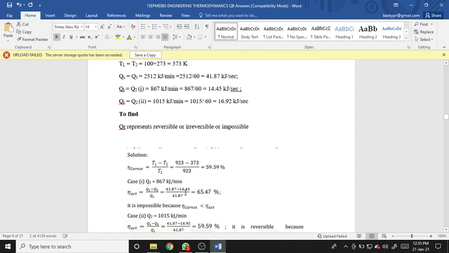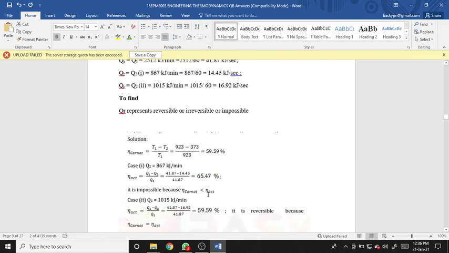Substitute here, and from that we can get the value of 65.47%. Now I am going to compare the Carnot efficiency value and the case 1 actual efficiency value. In that case the actual efficiency value is higher, so we can state that the heat rejection process is impossible for case 1.